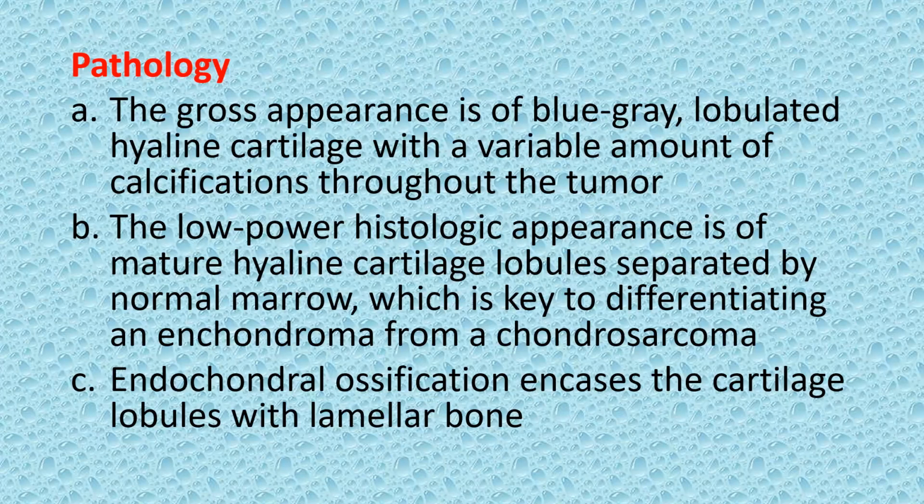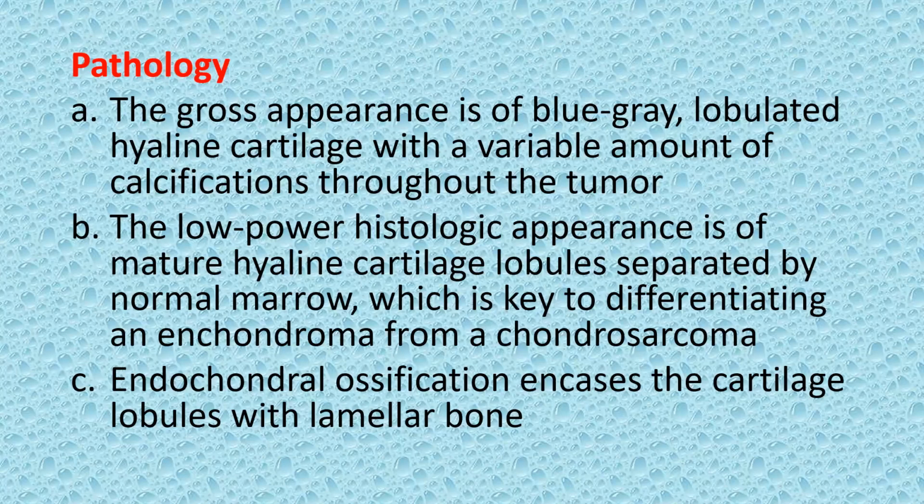The low-power histologic appearance is of mature hyaline cartilage lobules separated by normal marrow, which is key to differentiating an enchondroma from a chondrosarcoma. Endochondral ossification encases the cartilage lobules with lamellar bone. So you have a cartilaginous tumor surrounded by bone.